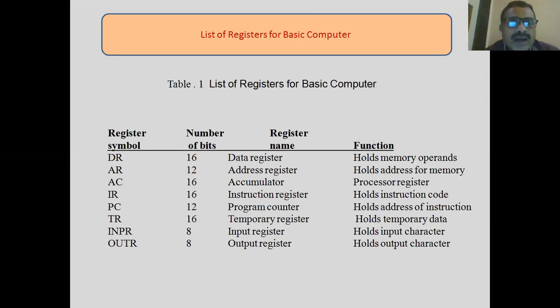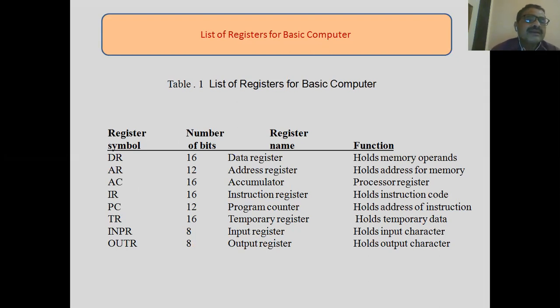Now, what are the computer registers which are required for the basic computer? So this table 1 shows you the computer register symbols DR, AR, AC, IR, PC, TR, INPR, OUTR, out of which three registers I'm going to give you in brief details.